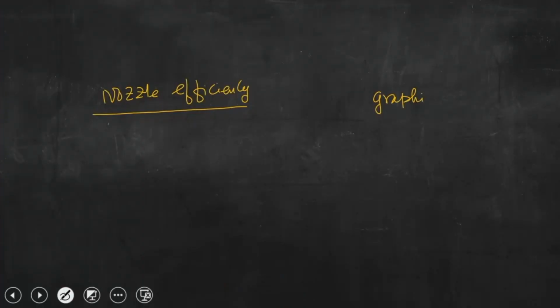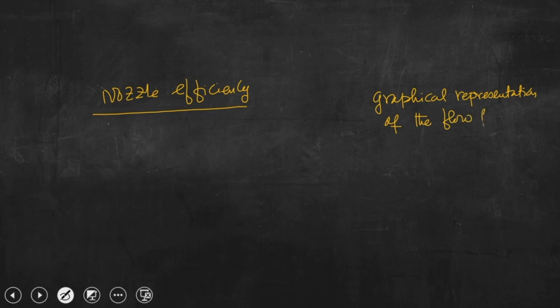So, graphical representation of the flow process in a nozzle, in the HS plane.